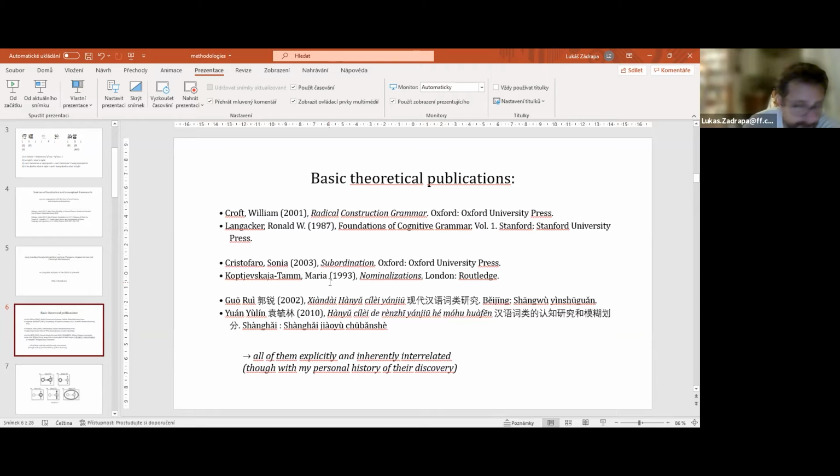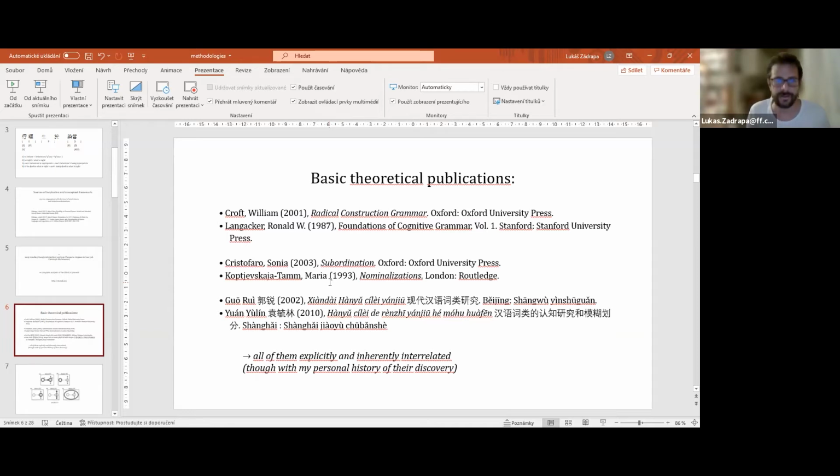So when I was working on my dissertation many years ago already, I just by chance came across the first two titles, not at the same time, of course, and I thought it was ideal for my purposes to somehow handle the very tricky problem of this word class flexibility and what word classes are.